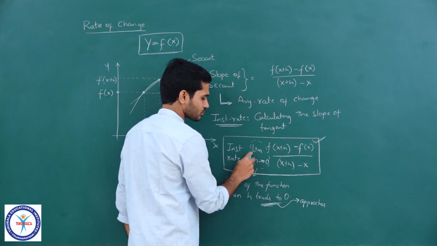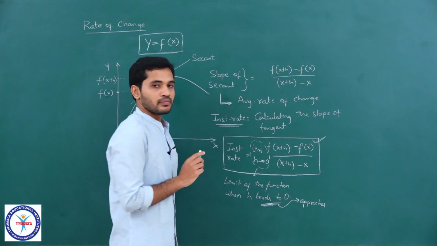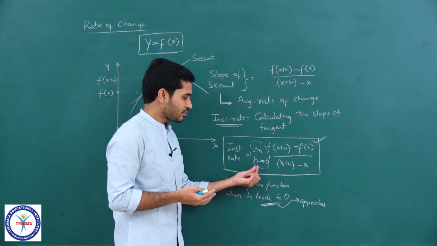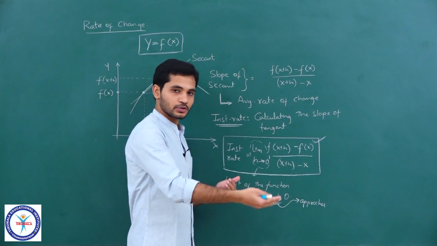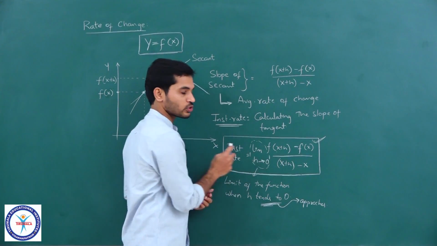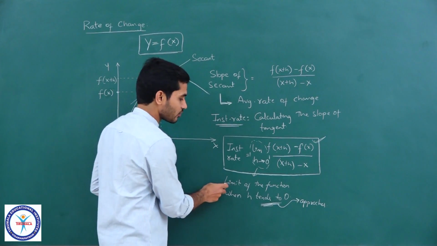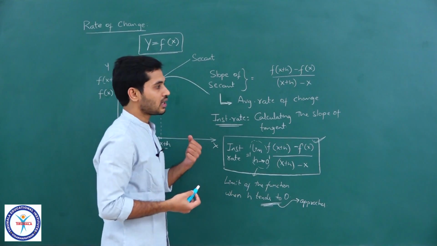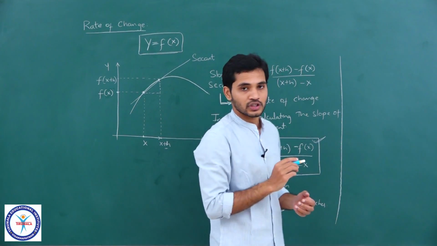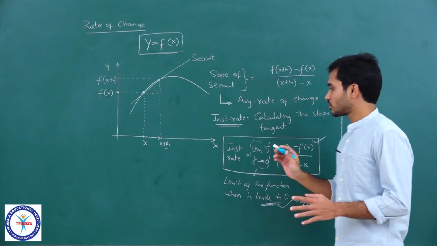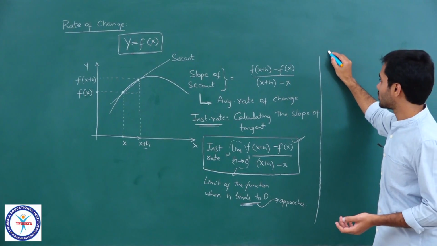And calculating the limit basically means we are finding out what this value is approaching when h approaches 0. So, calculating the limit of a function basically means, I will write this down here. You are not yet aware of the concept of limits, right. So, I will just give you an idea of what limit means.